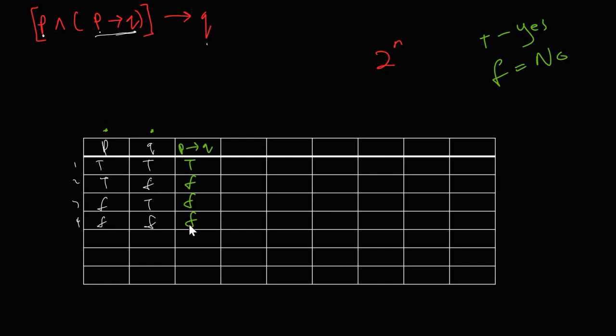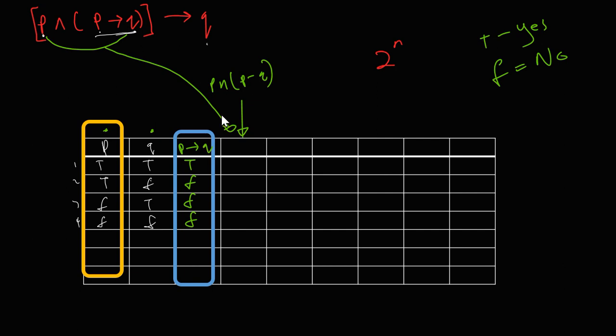Okay, so let's look at another part now, the bigger chunk. We say P and P implies Q. There is an and here, we need both of them to be true.